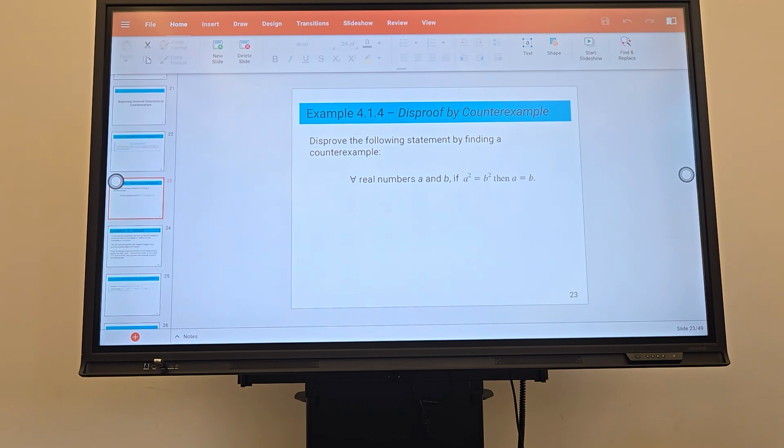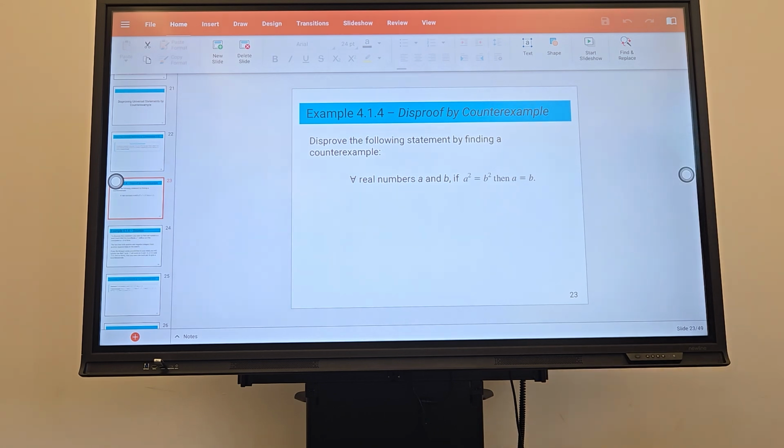A squared equals B squared, but A does not equal B. What's an example of that? Minus 1 and 1. Both squared are equal to 1, but they are not equal to each other.